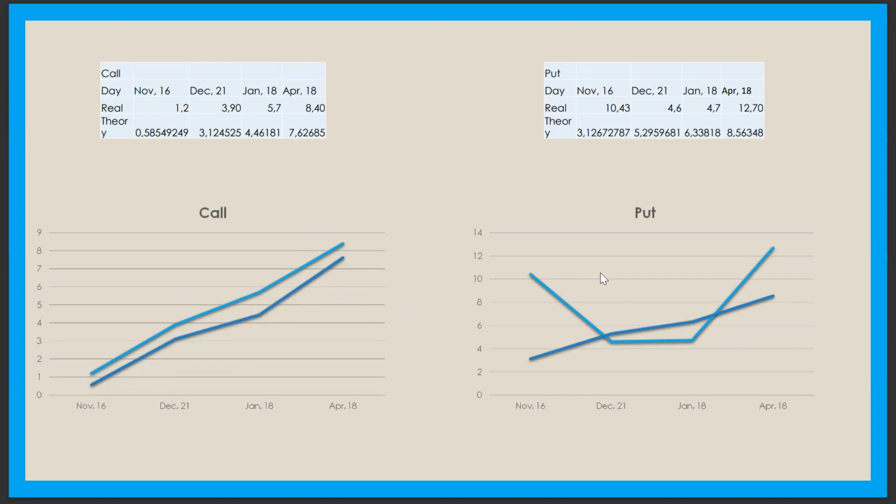And these two graphs don't coincide too, for put. And our idea is what we can change so that these graphs will coincide.